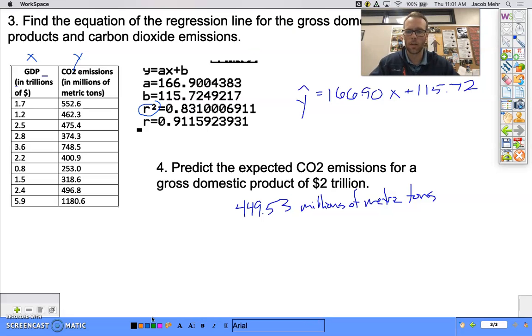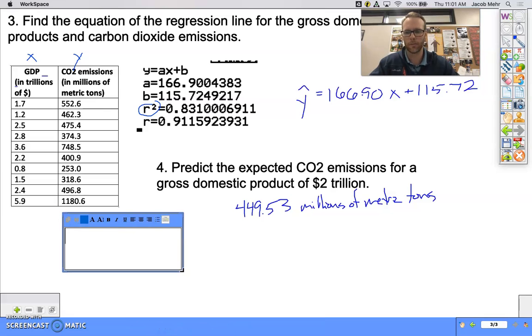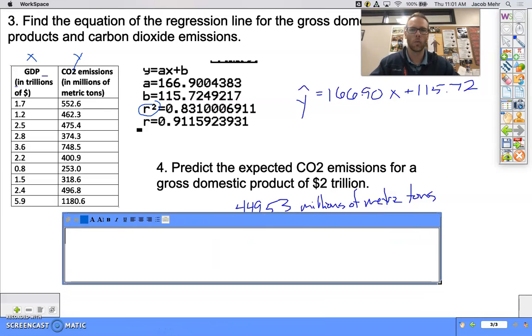What's the statement that we can make here? I'll use blue letters this time. What's our coefficient of determination? 83%. 83% of the variation in, what were our y values?